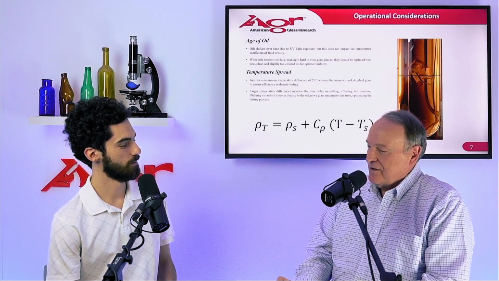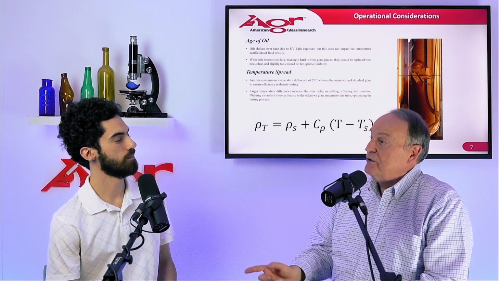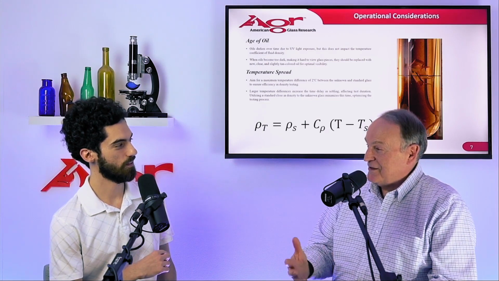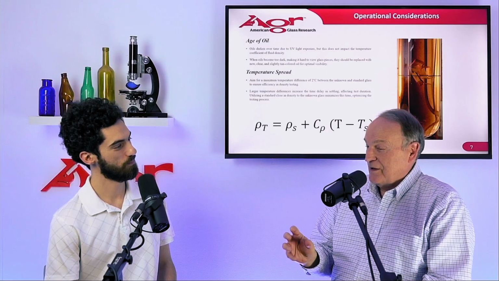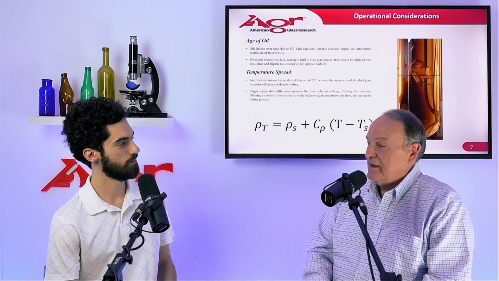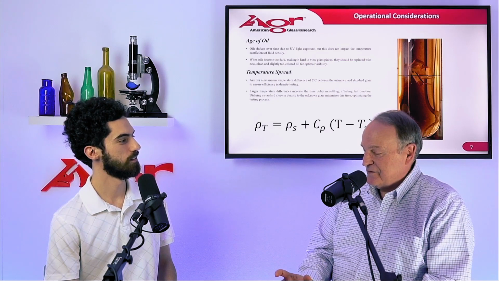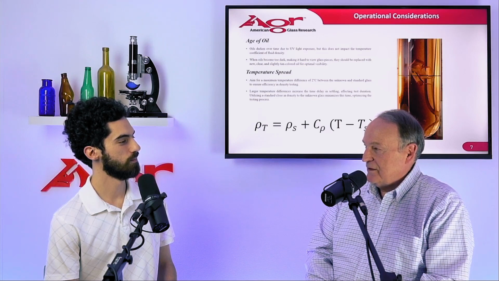So you'd like to have the standard and the unknown fall as close together as possible, which relates back to glass color. If they're falling very close to one another, you want to be able to distinguish the two. So you want to keep the settling temperature difference within 2 degrees centigrade.